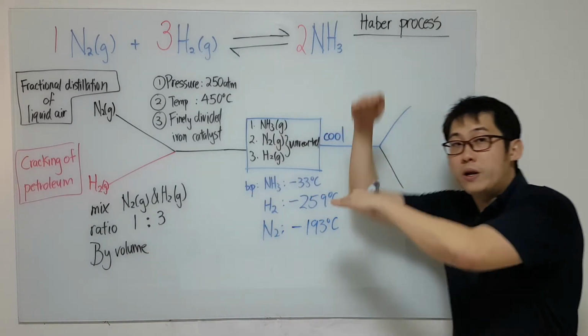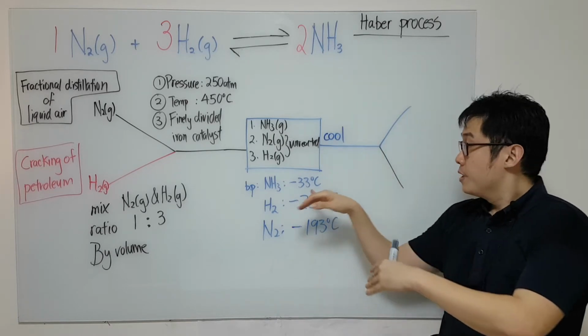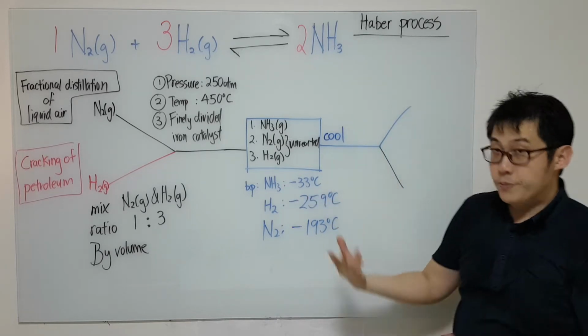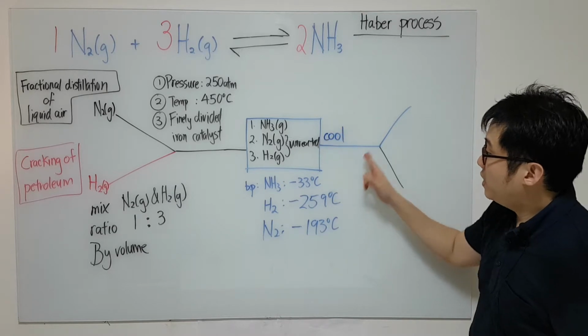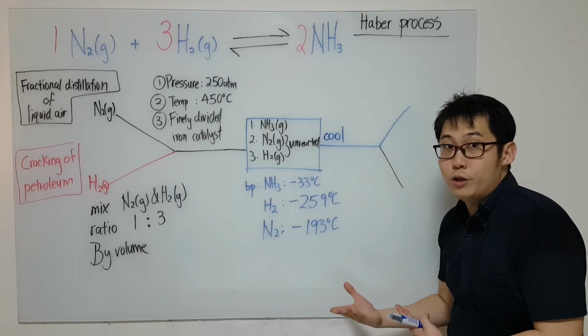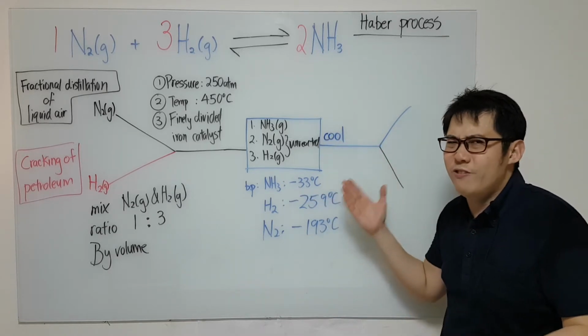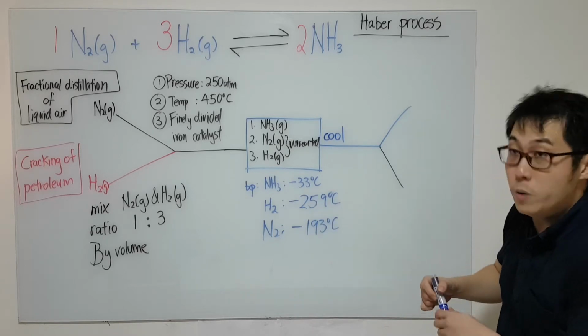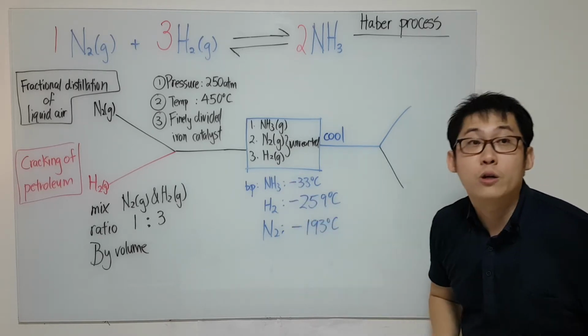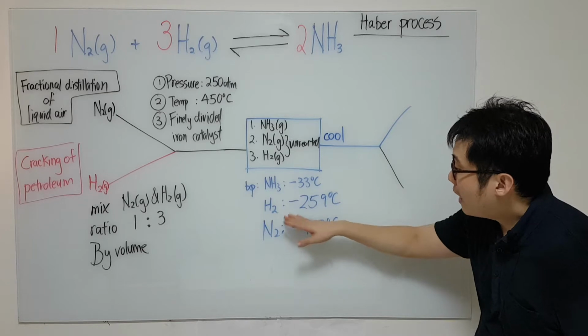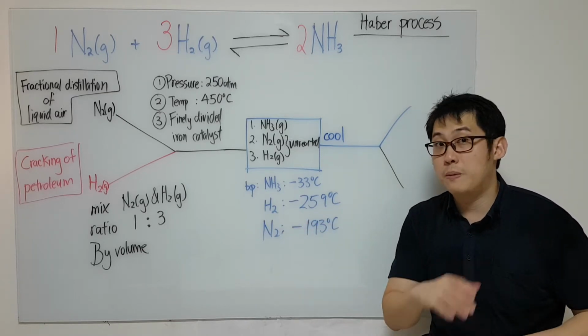So when the temperature is lowered, see the big difference over here, if you maintain the cooling temperature at somewhere around negative 40 or negative 50, you will of course cool down your ammonia into liquid, while having your nitrogen and hydrogen remaining as gas.